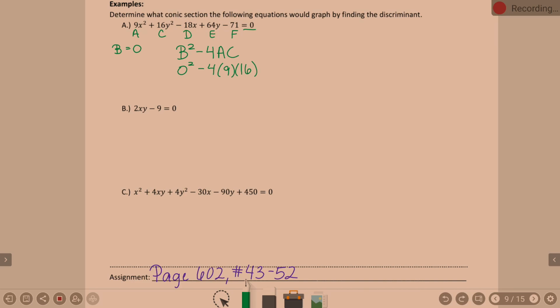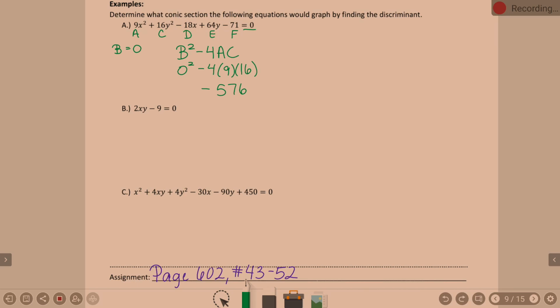In all honesty, I know what I need to know if you want to think about it that way. What is this going to result in? A negative, because it's 0 squared minus 4 times 9 times 16. For the record, what is minus 4 times 9 times 16? So this is negative 576.